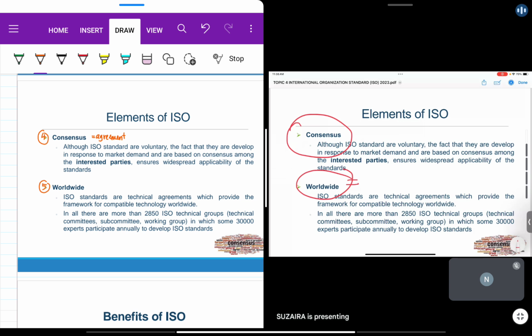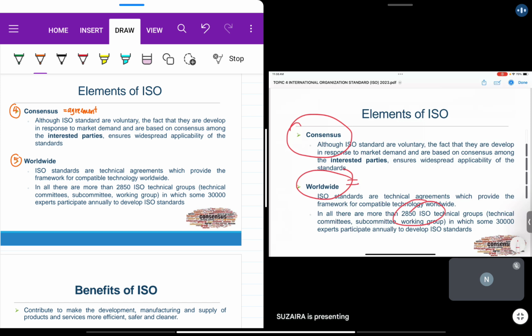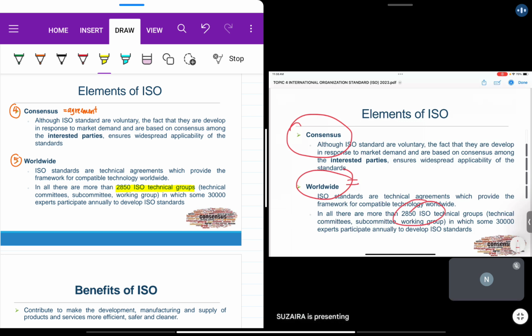Until now, if you look here, we have 2,850 technical groups, or technical committees. One technical committee, they call it a TC, and this is one example of a TC. One group. So imagine we have 2,850 ISO technical groups with some 30,000 experts.